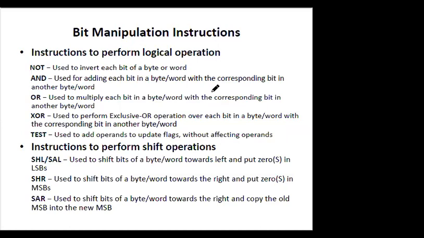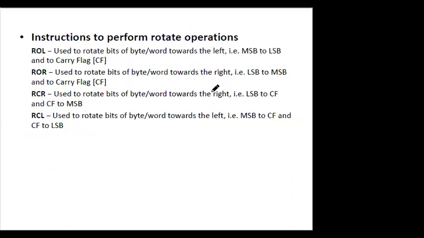So we have bit manipulation instructions. What are bit manipulation instructions? They are used to perform operations where data bits are involved. Examples are logical operations, shift operations, and rotate operations.